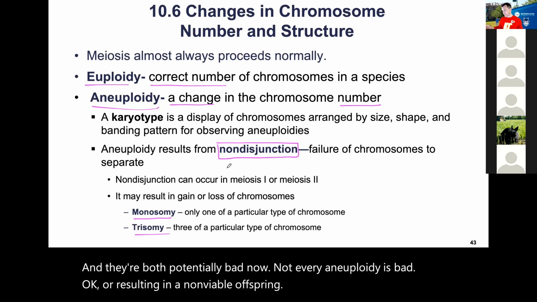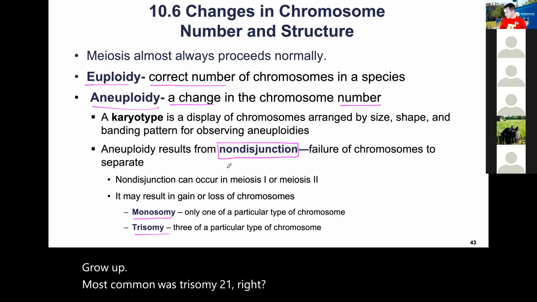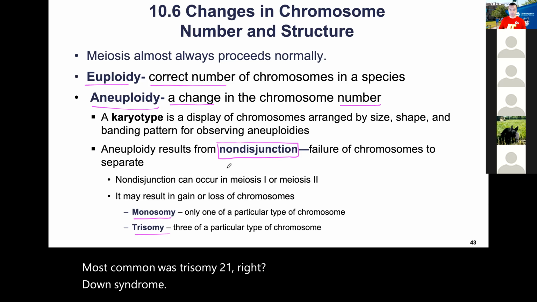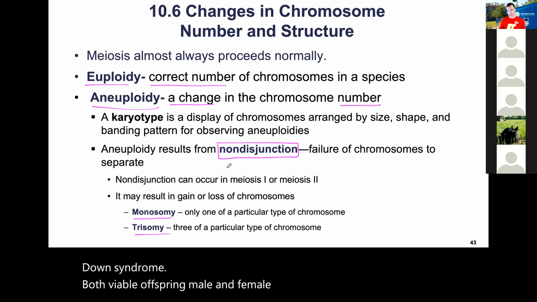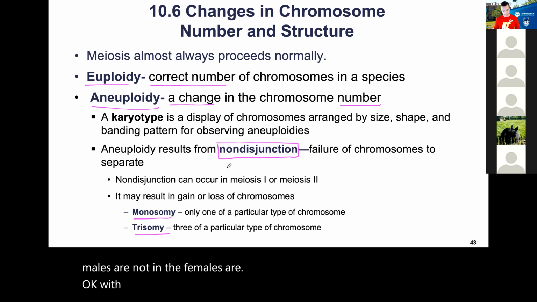There are a number of them that grow up. The most common one is trisomy 21, right? Down syndrome. Both viable offspring, male and female, but from a reproductive capability, the males are not, and the females are, with that aneuploidy.